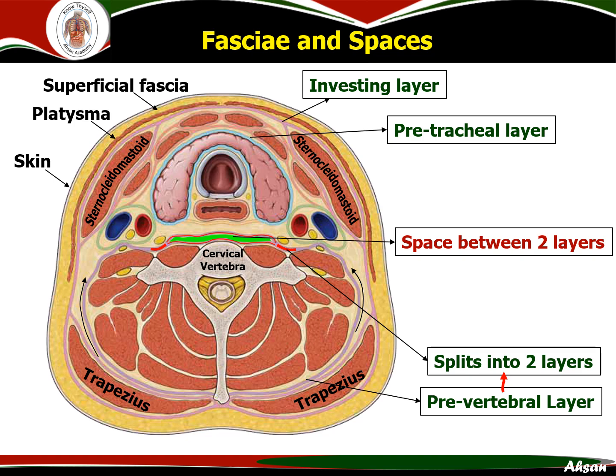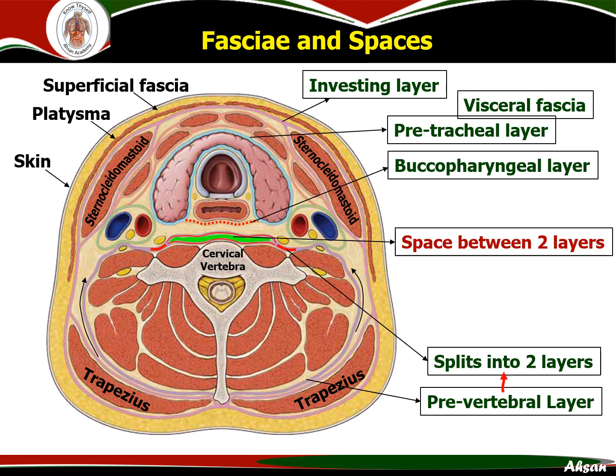The anterior part is known as pretracheal fascia that encloses the thyroid gland and also the anterior part of the trachea. And posteriorly, the dotted red line shows the buccopharyngeal fascia. It's a part of the visceral fascia too, and it covers the posterior part of the esophagus.